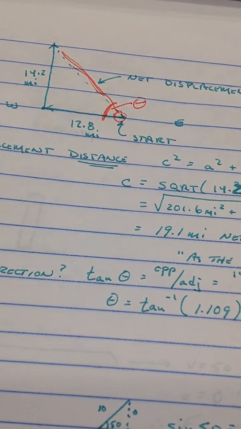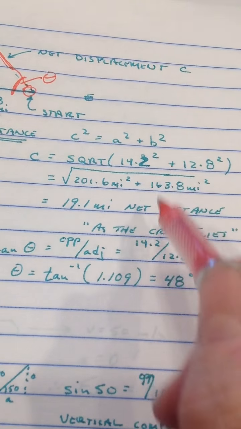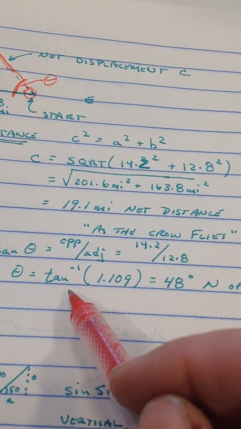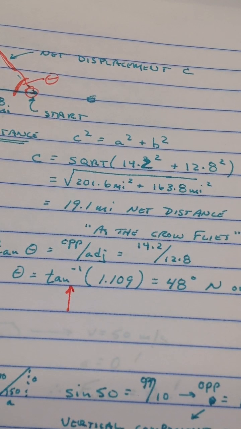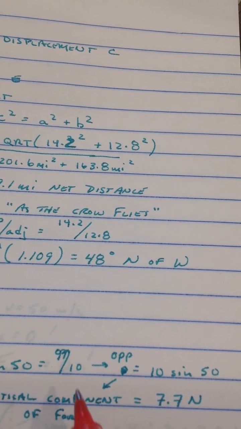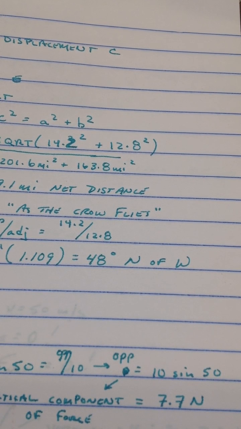Once again, SOHCAHTOA. That means that tan theta is equal to 14.2 over 12.8. If you are doing this on a calculator, you use the inverse tan button and find that we end up with 48 degrees north of west in this problem.